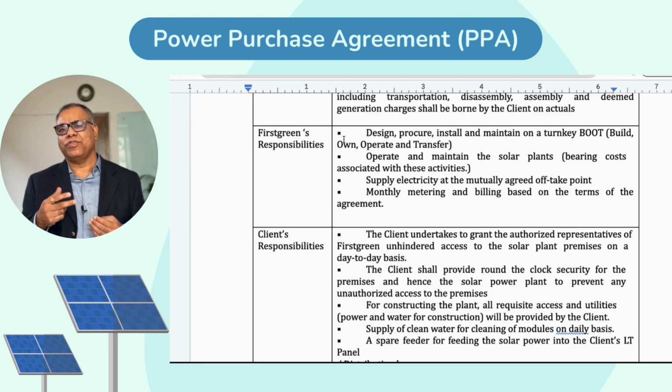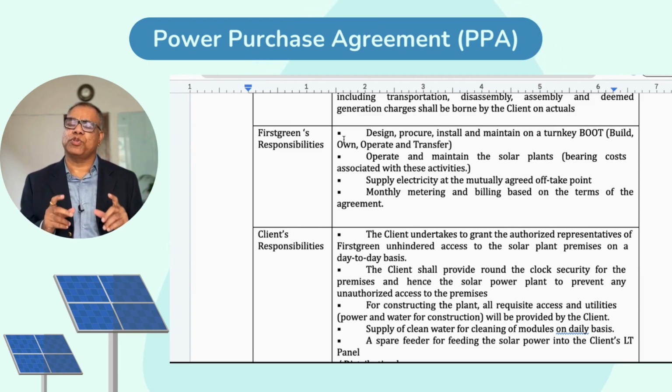If you fail and generate, say, 13 lakh units per year, then 1 lakh units is the shortfall. If your PPA is at 5 rupees and the off-taker has to buy costlier electricity at 6 rupees, that means you have to pay the 1 rupee delta back as compensation to the off-taker. So these are the limitations or responsibilities of the developer.